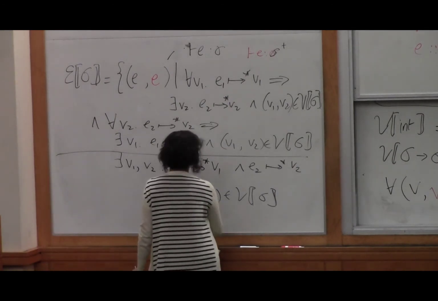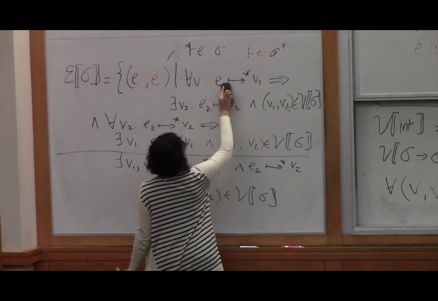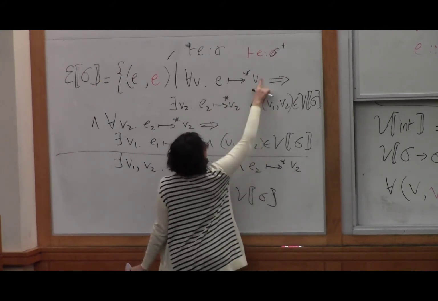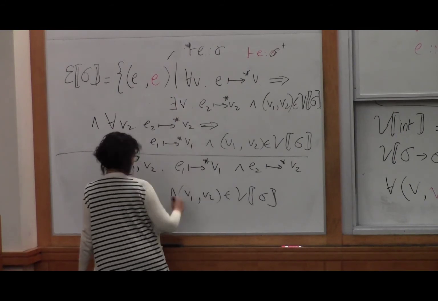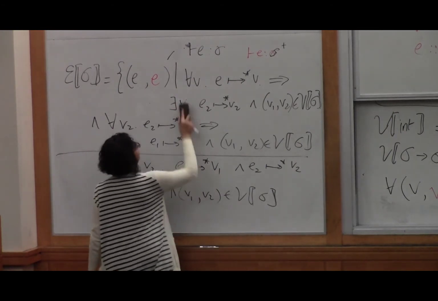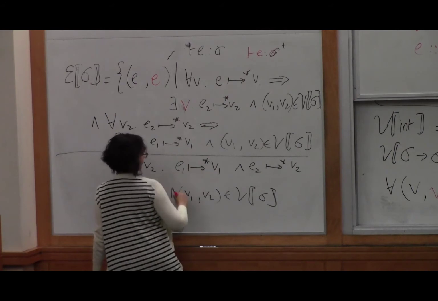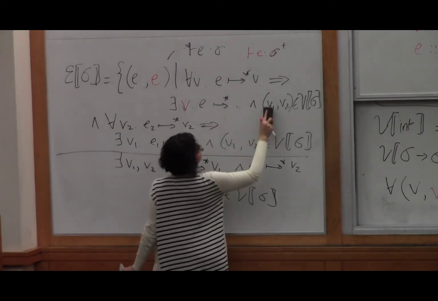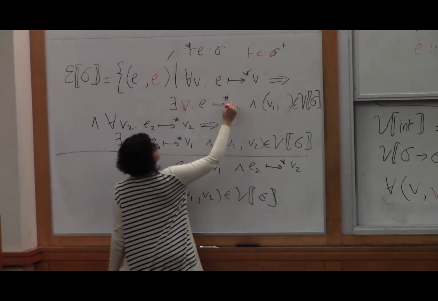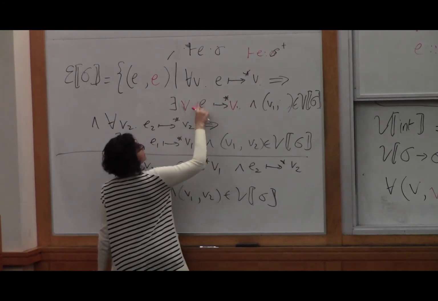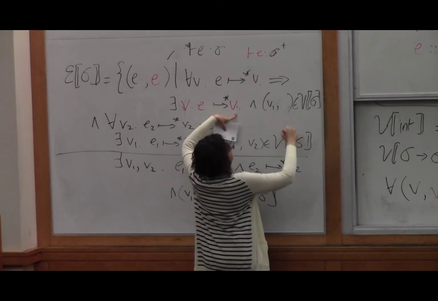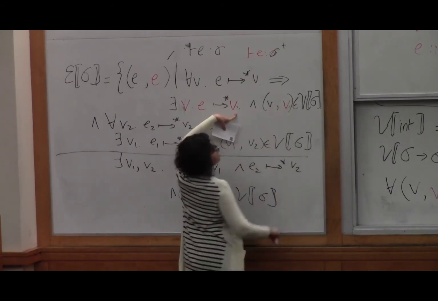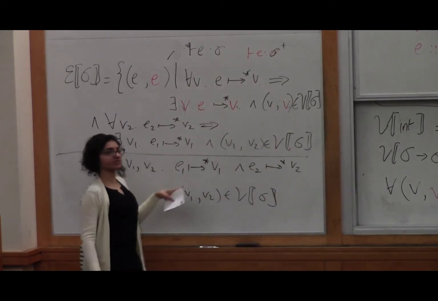And then all we need to do is say for all black V's such that the source term evaluates to that, there exists a red V, you get the idea, right? Such that the red expression runs to a red value, and these are related. And vice versa, right?